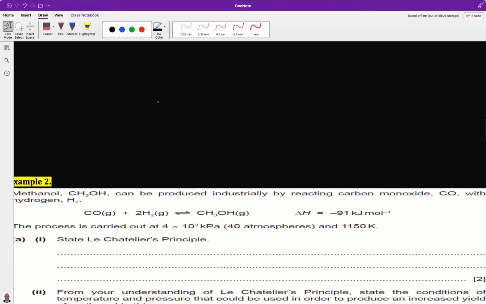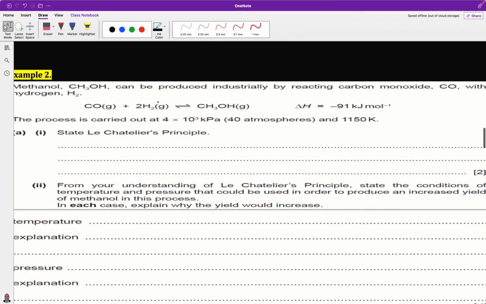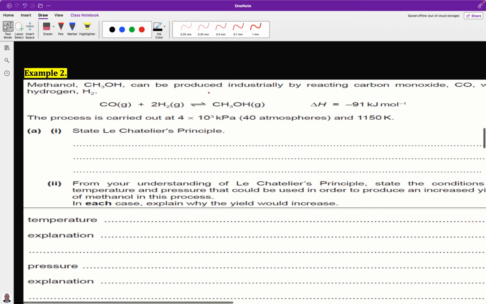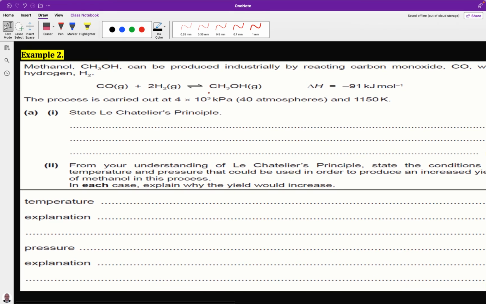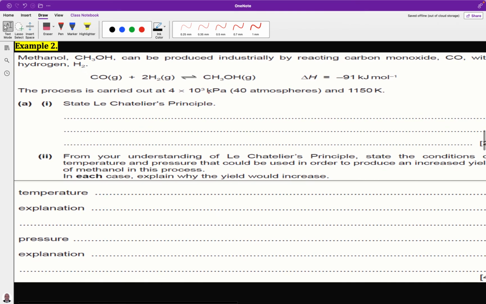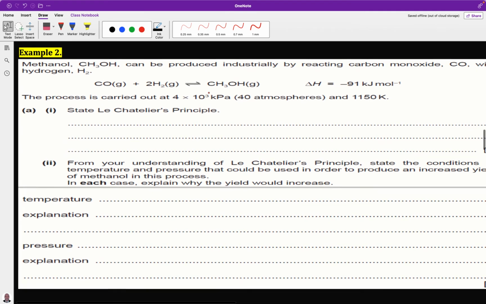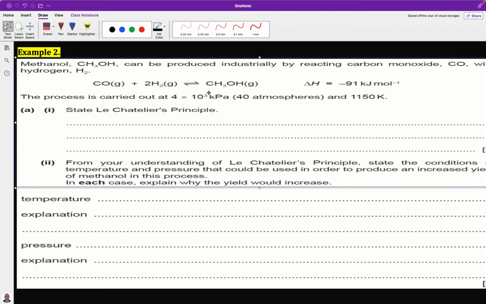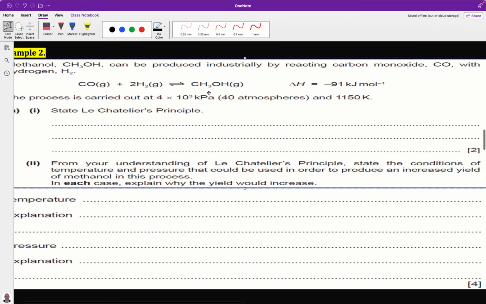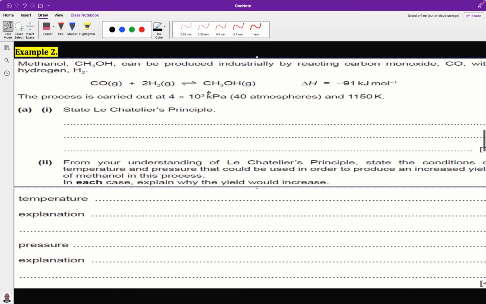Okay, let's go again. Example number 2. Methanol can be produced industrially by reacting carbon monoxide with hydrogen.